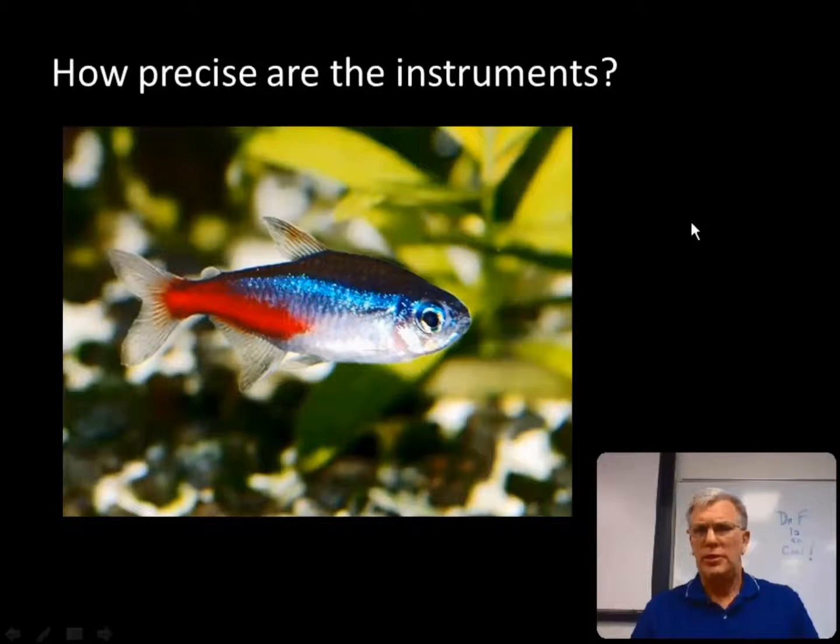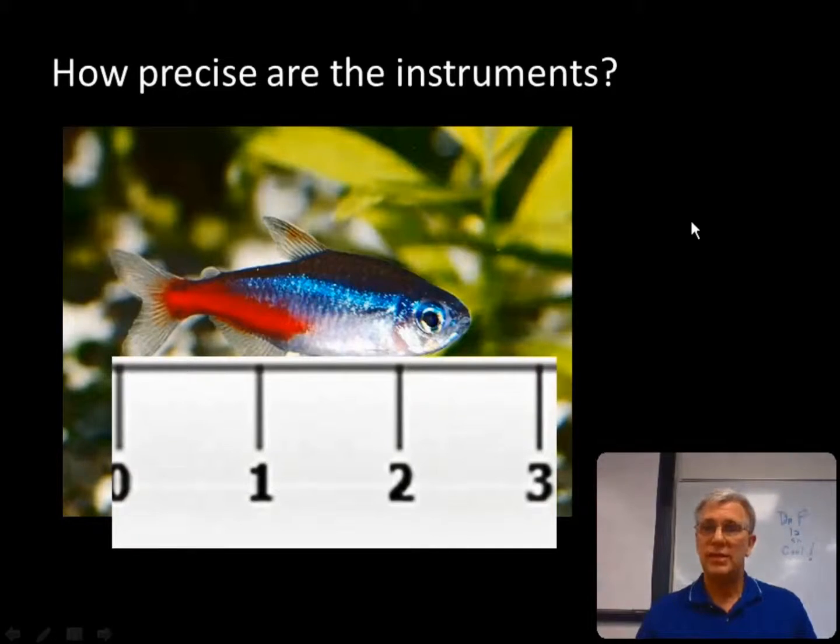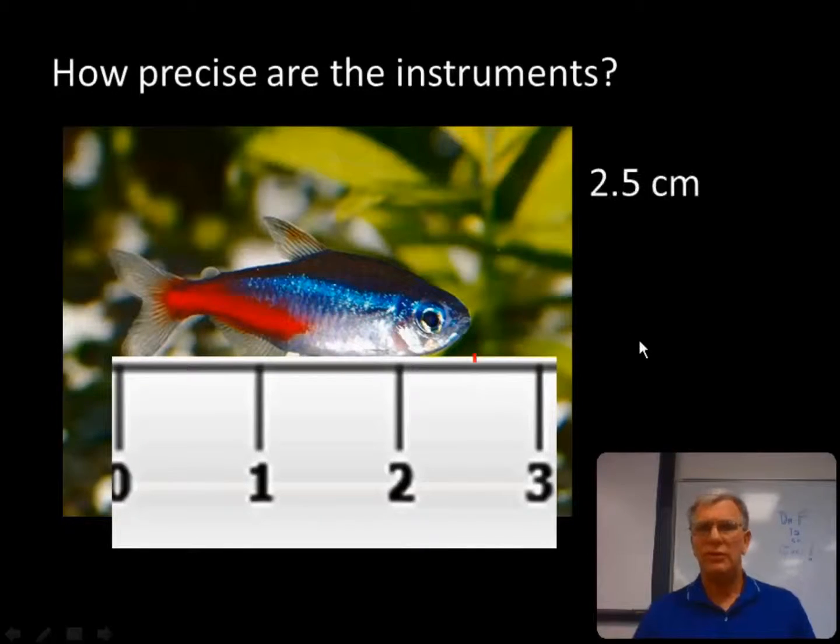If we were to measure this fish using a centimeter ruler, we could see that this fish is 2 centimeters, but not 3. We would have to estimate this last digit. So we could estimate approximately 2.5 centimeters would be the length of this fish.